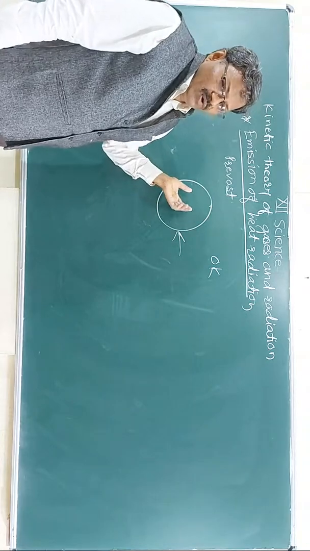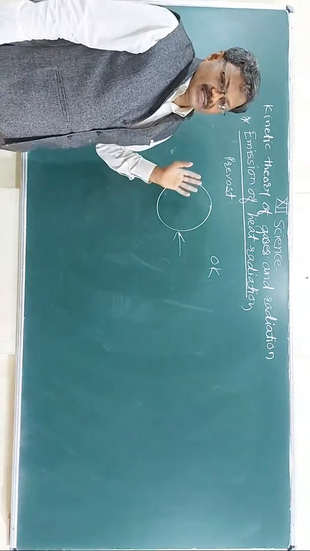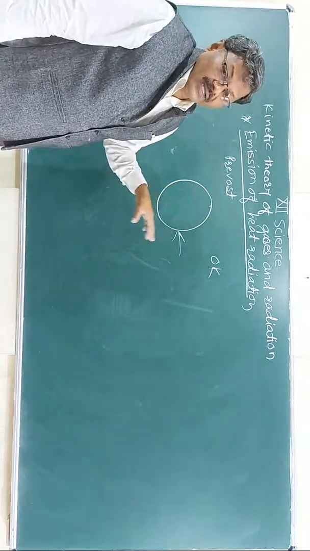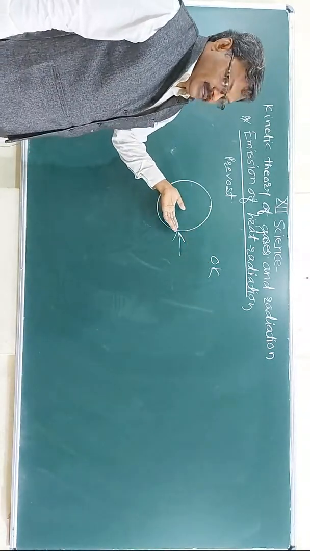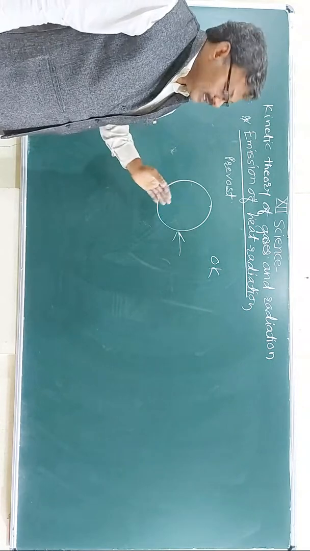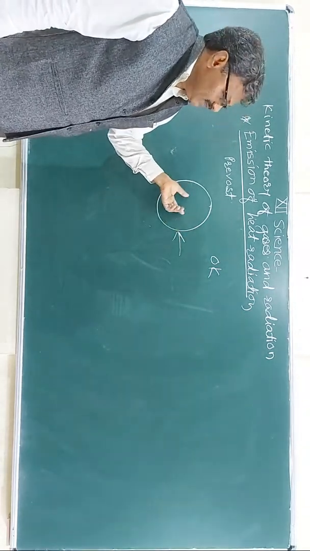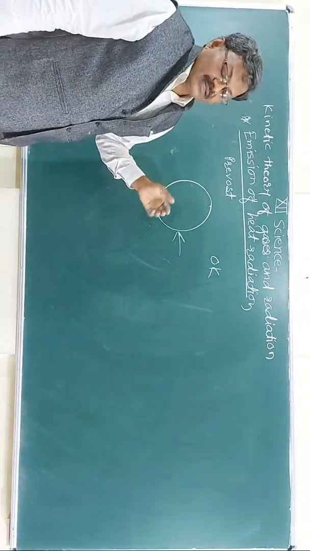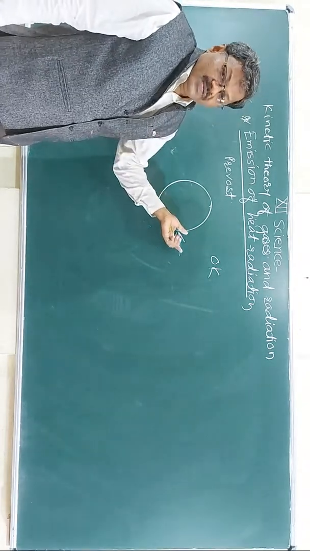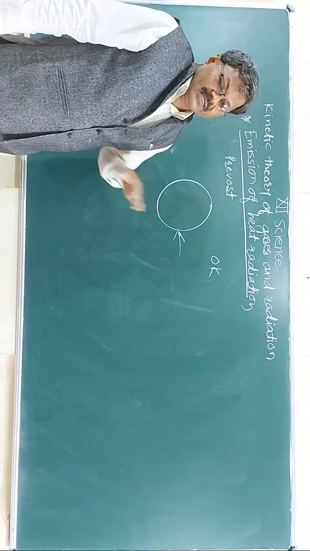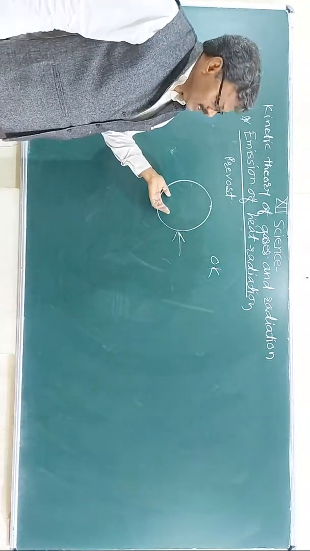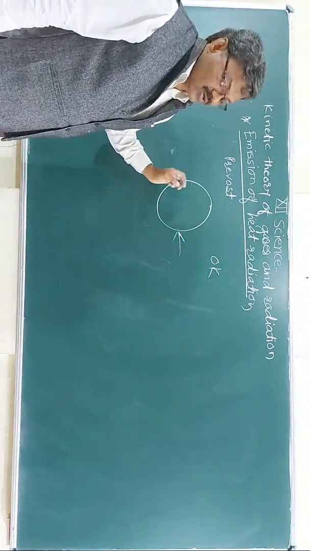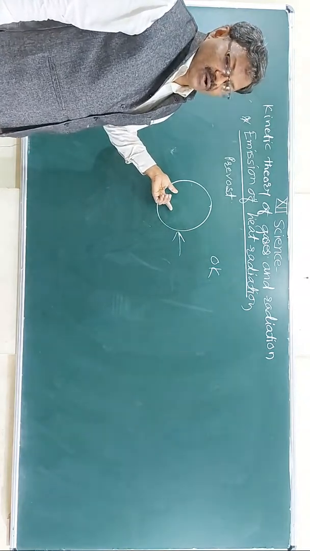All bodies radiate energy at all temperatures above 0 Kelvin, and at the same time absorb radiant energy from the surroundings. If the rate of emission is greater than the rate of absorption, meaning the radiated energy is more than the absorbed energy, there is a loss of temperature, or it lowers the temperature of the body.